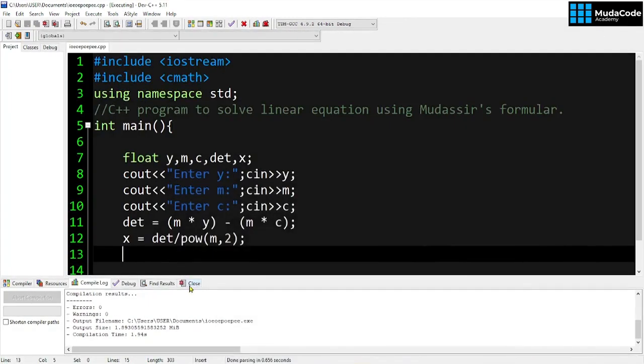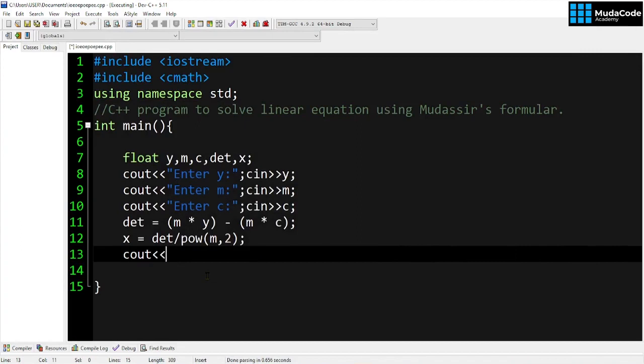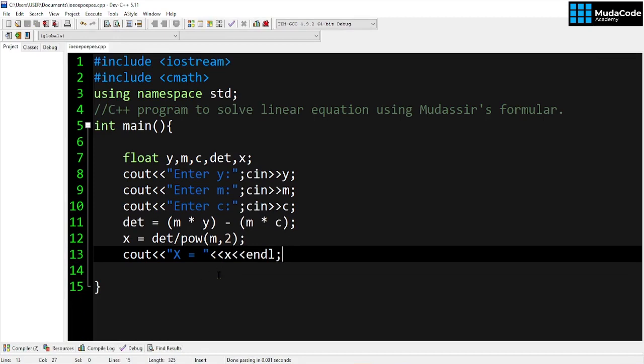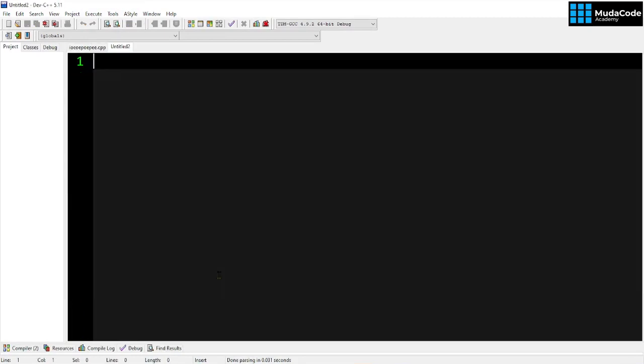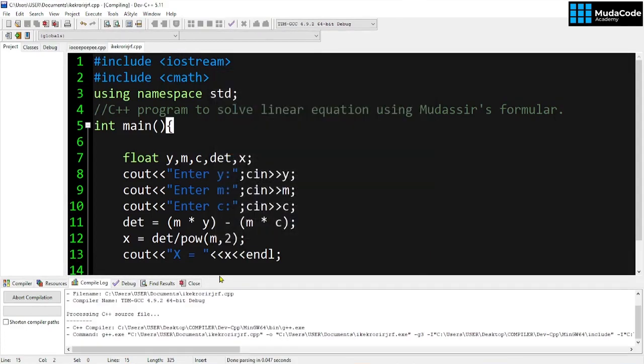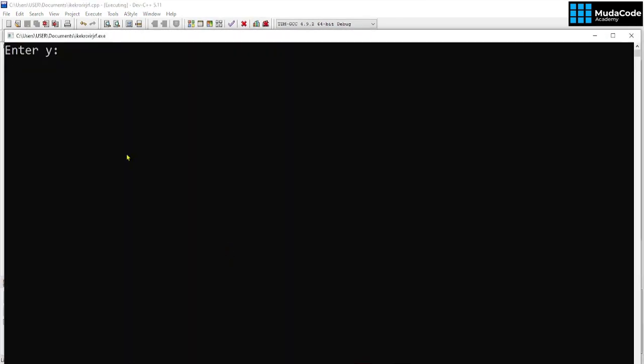There is something I forgot to do, which is to cout x equal to, then we put our x, and that is all. So x equal to, enter y. What is my y?